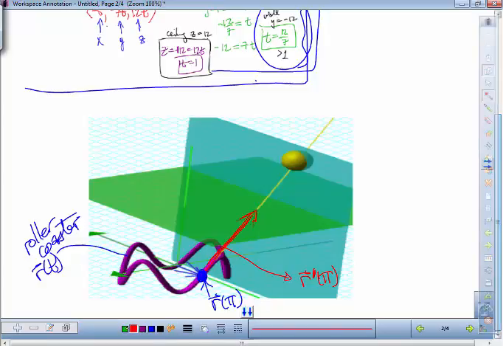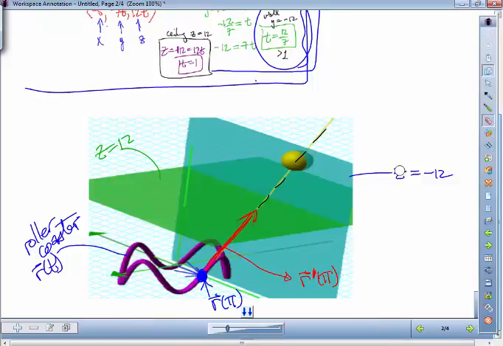And then you have the ceiling, this ceiling over here, z is equal to 12. And then you have the wall, the side wall over here, z is equal to -12. And then you have this line, L of t.